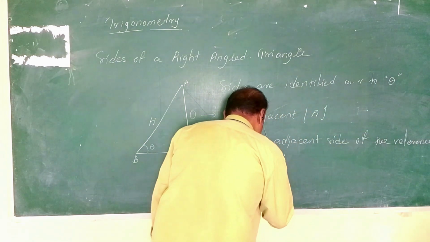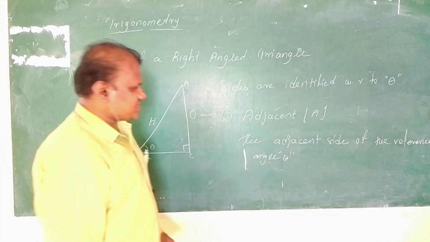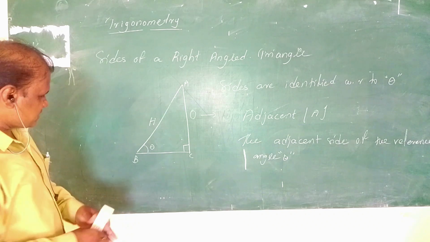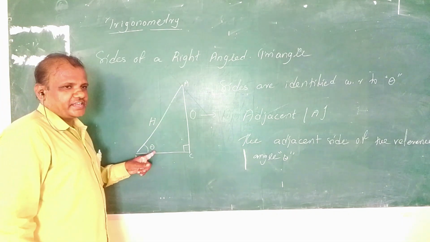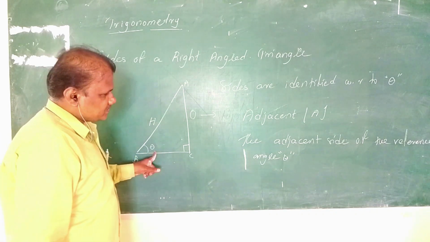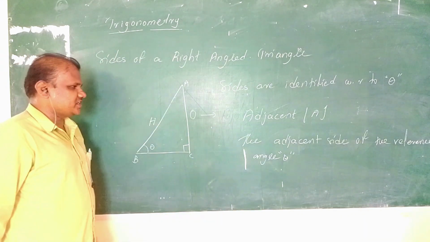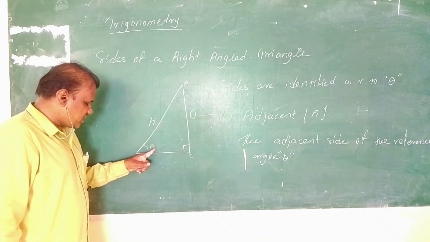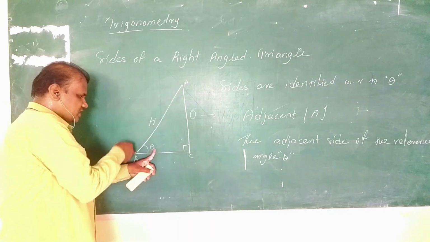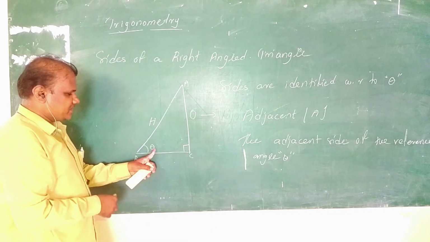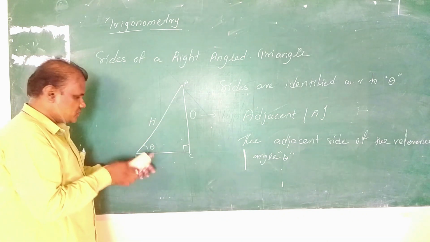The side which is adjacent to theta, the reference angle here, because I am defining all the sides with respect to this particular angle. The adjacent side to theta is called adjacent. For the angle theta, you can take this side or this side, since adjacent means nearby, like a base. But we have already taken this one as the hypotenuse.